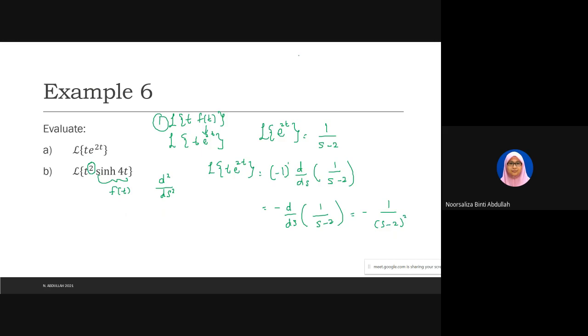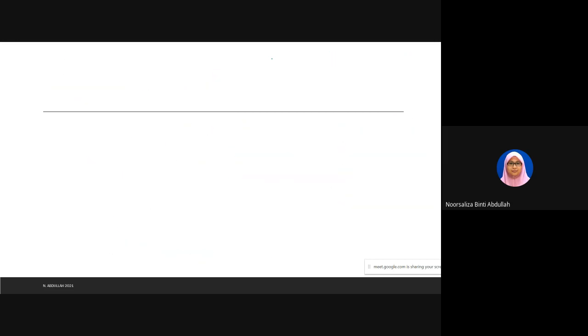Okay, sama juga macam kalau let's say you ada, okay, contoh saya bagi contoh ni. Okay, for example you have f(t). Okay, you have f(t) equals to what? f(t) equals to exponent negative 2t sine 3t.